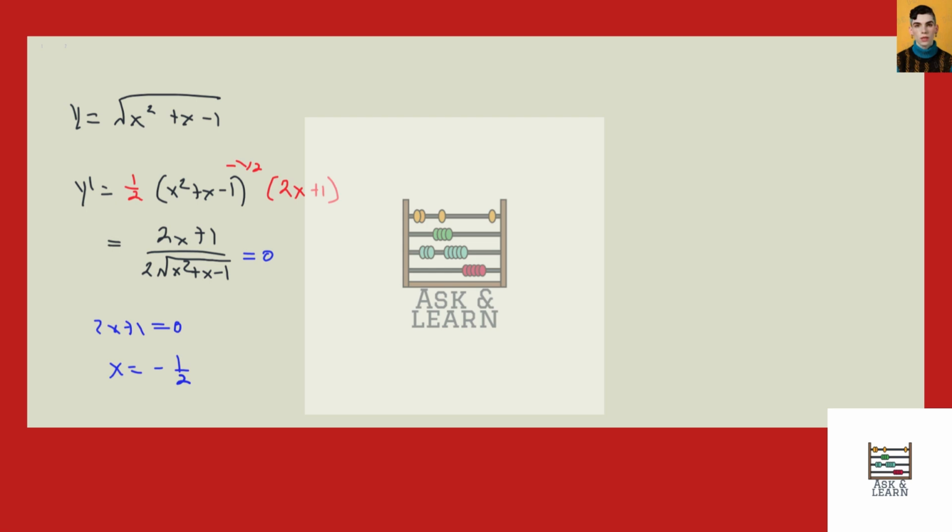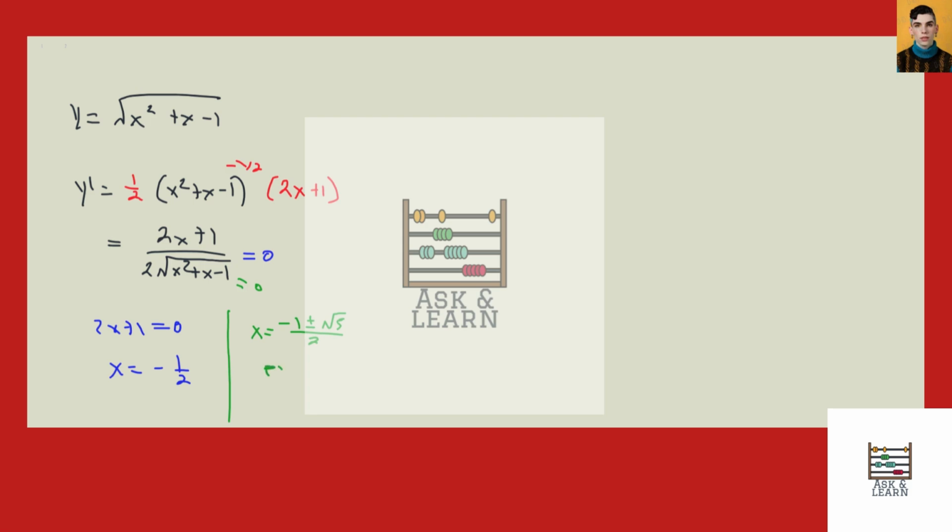Something else we also want to check is where our function is undefined. It is undefined when the denominator is equal to 0, and those are x is equal to -1 plus or minus the square root of 5 over 2.